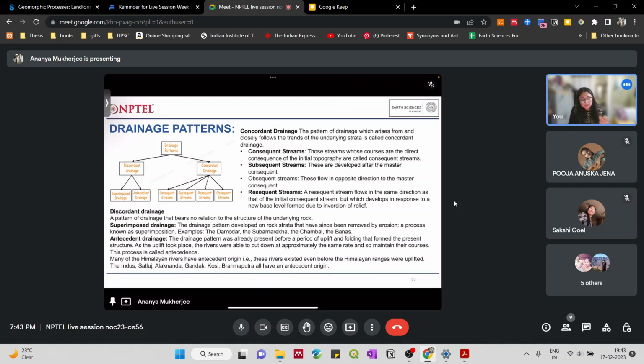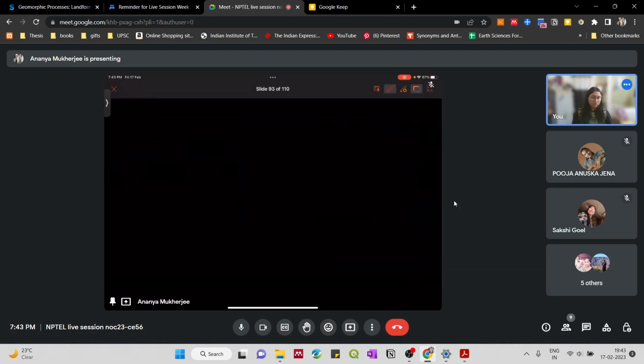And then you have the antecedent drainage. What is an antecedent? As Kuldeep pointed out, the transform fault boundary. Suppose this is a fault that is present, but over a long duration there was a stream which was flowing like this.